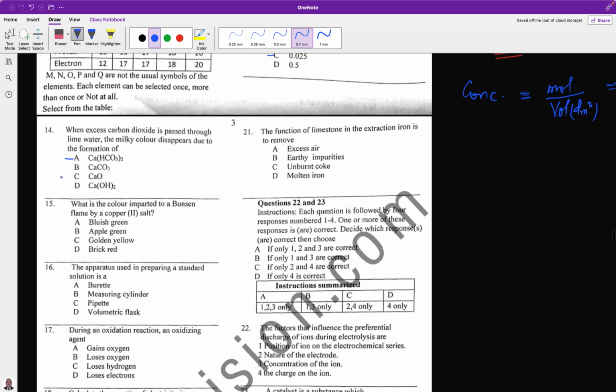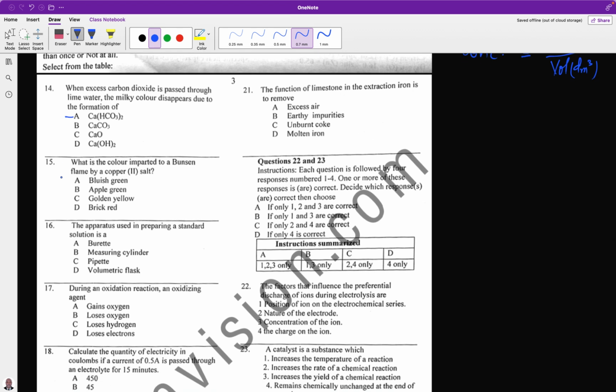Okay, question number 15. What is the color imparted to a Bunsen flame by a copper 2 salt?